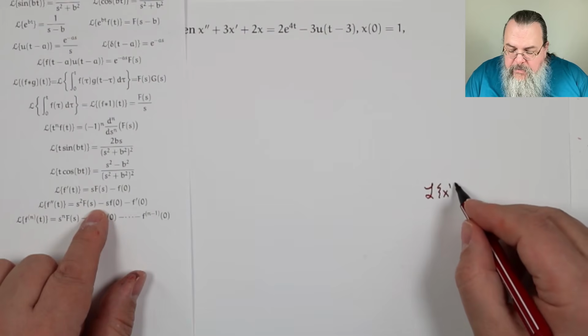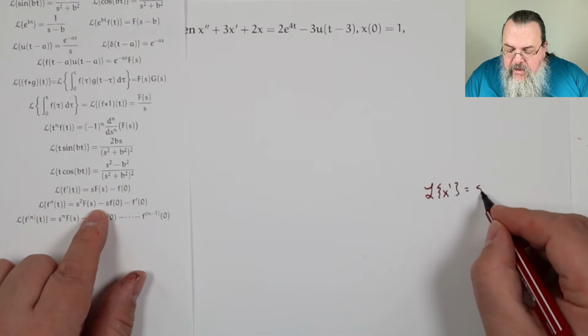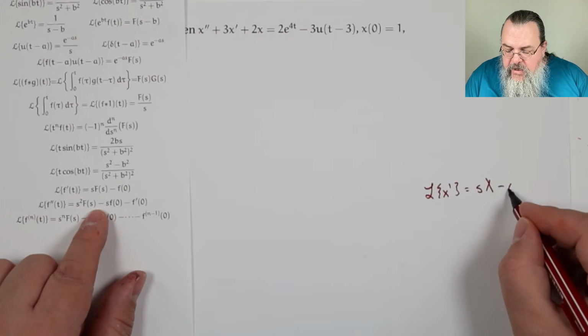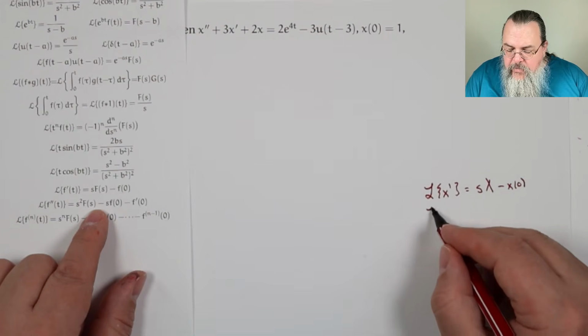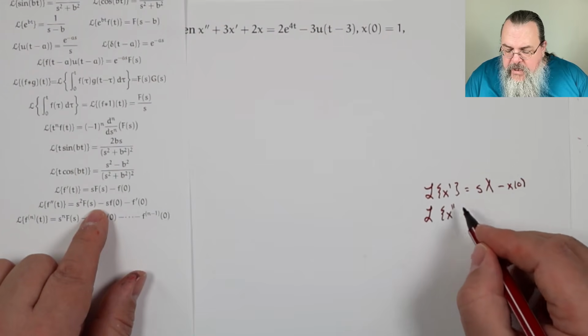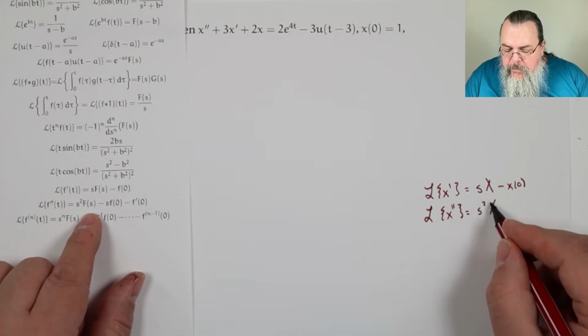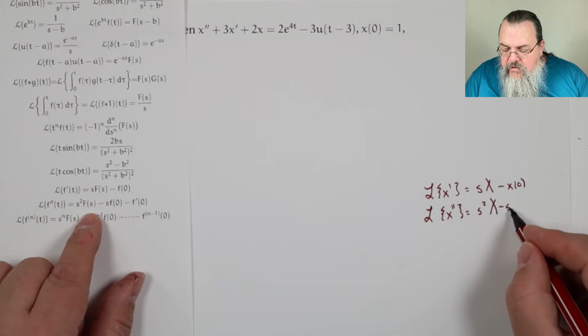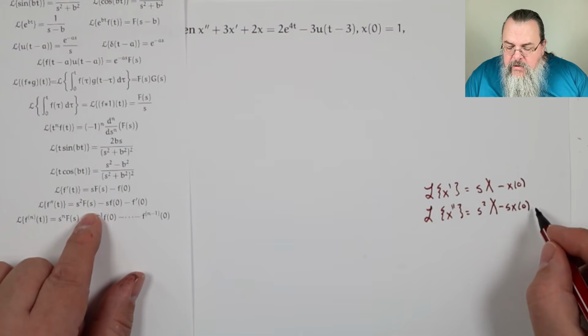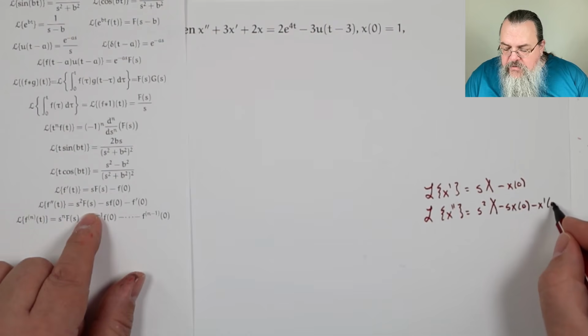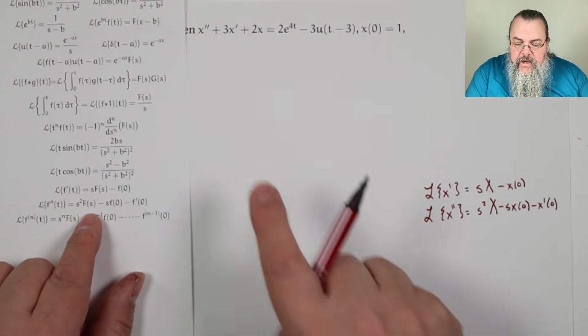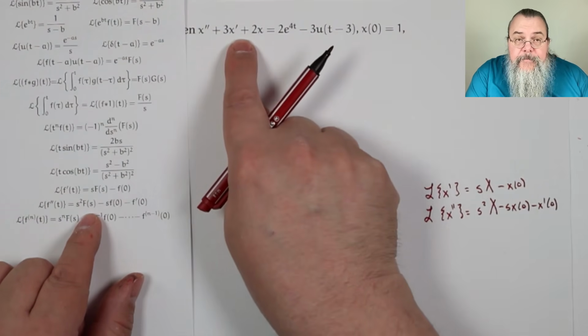So x', according to the rule, is sX - x(0). For x'', that would be s²X - s x(0) - x'(0). All right, so that's going to help us on this side.